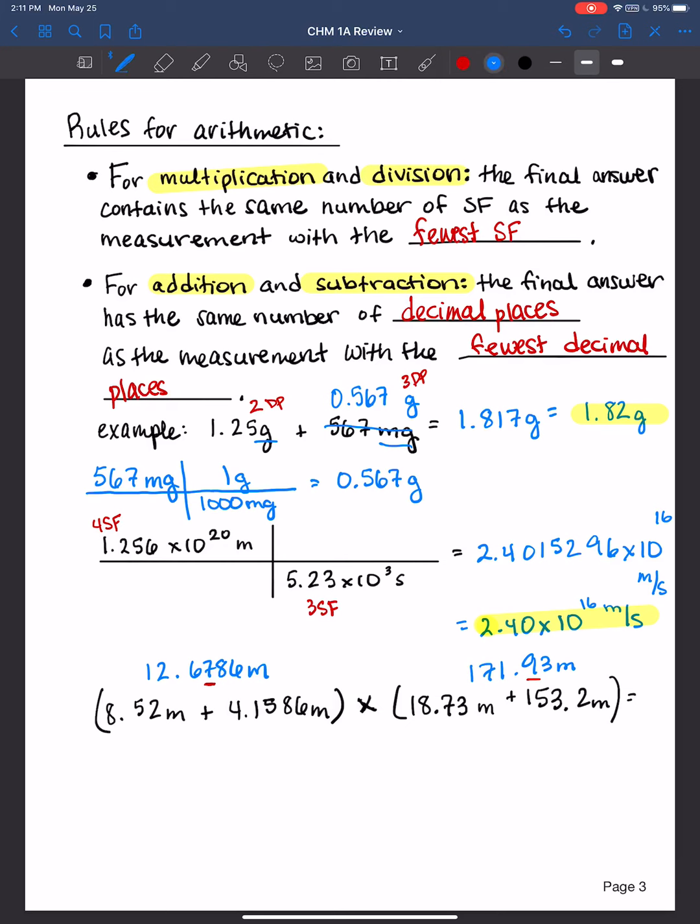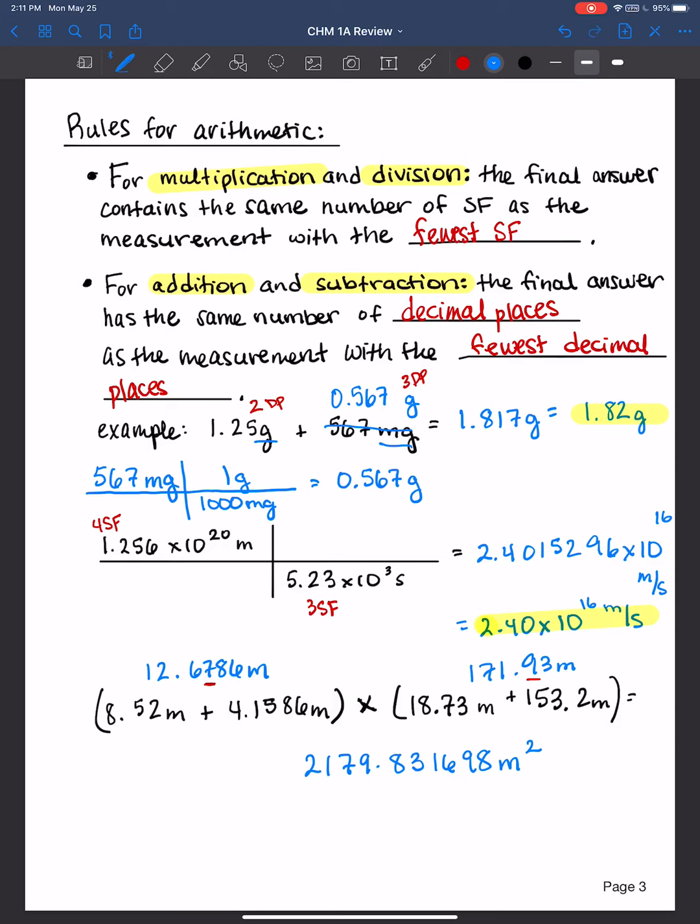So you plug into your calculator this whole number multiplied by 171.93. So 12.6786 times 171.93. And you write down the number that you would get from it. 2179.831698. And meters times meters is meters squared. Always include your units. Okay.